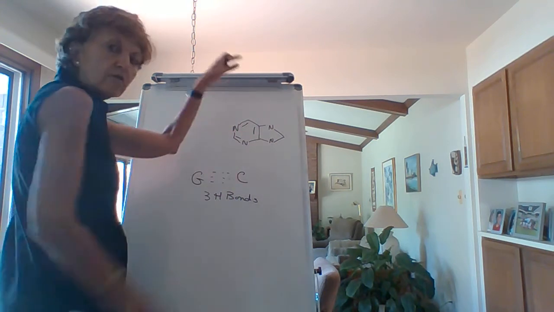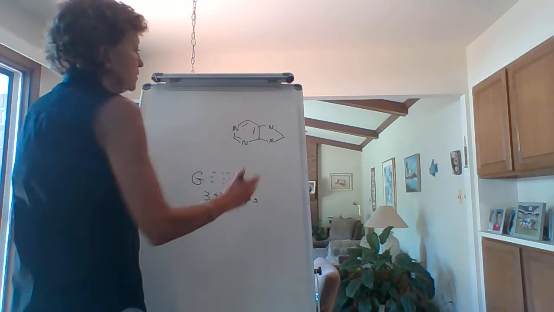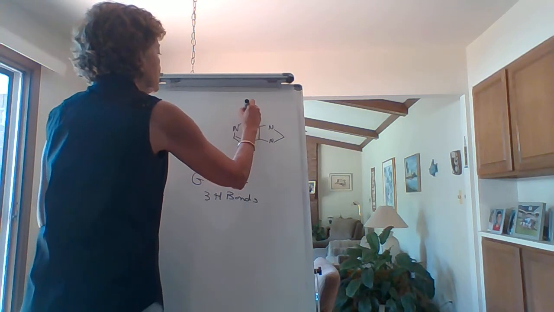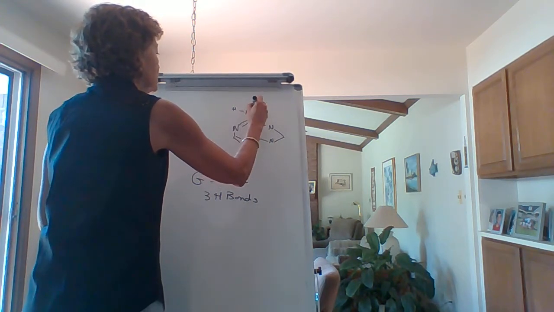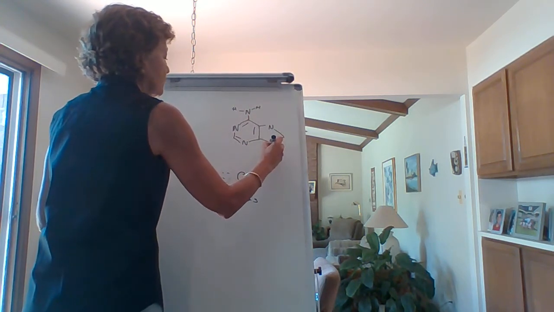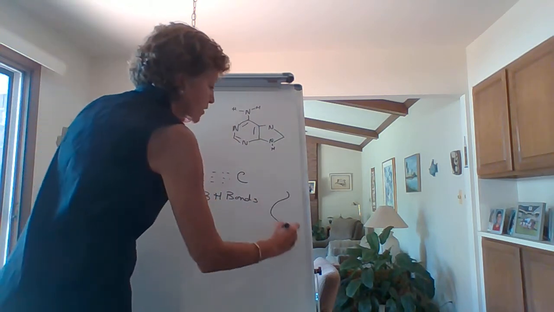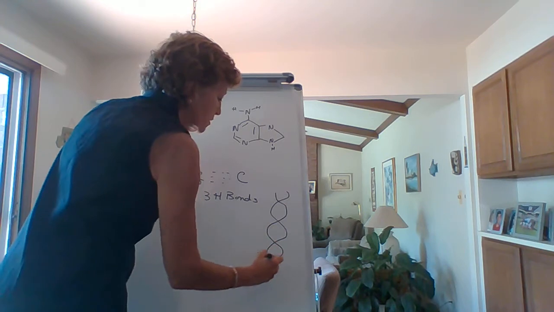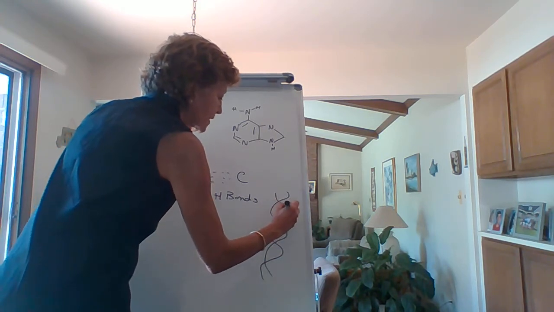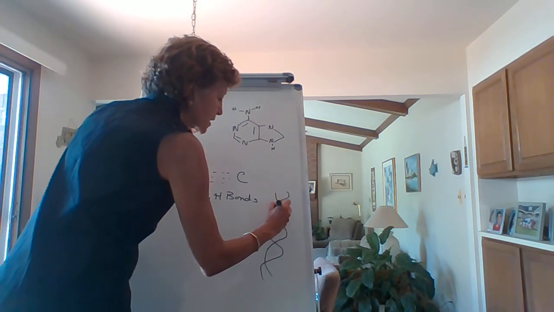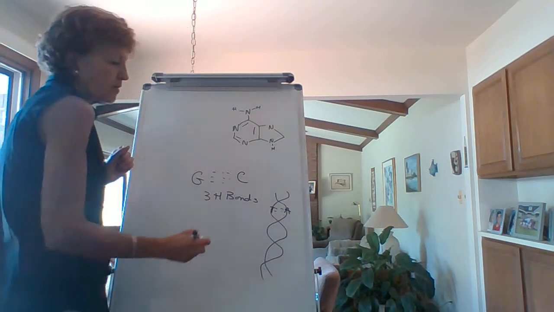It's a nucleotide that's hooked up to thousands of other nucleotides. But I'm just going to show you just a plain old adenine, how it would hydrogen bond, all right? So again, if we're talking about a DNA molecule, okay, if there's an adenine here, there's going to be a thymine here, and you get the hydrogen bonding, okay?